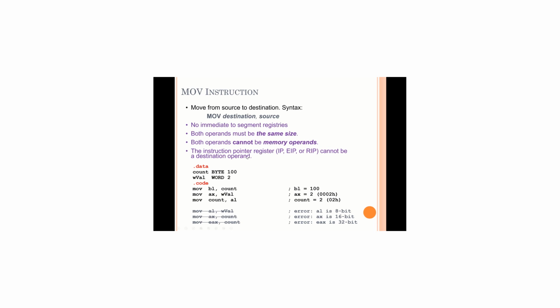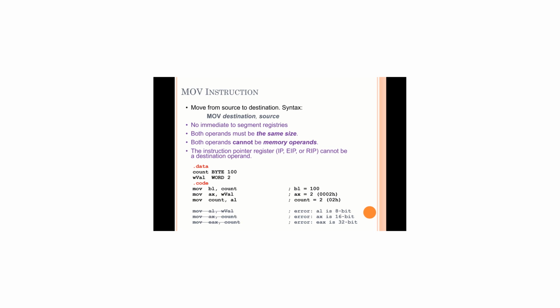And the instruction pointer register, such as IP, which is a 16-bit instruction pointer, EIP, which is a 32-bit instruction pointer, or RIP, which is a 64-bit instruction pointer, cannot be a destination operand, because when you execute one instruction, you advance to the next instruction.